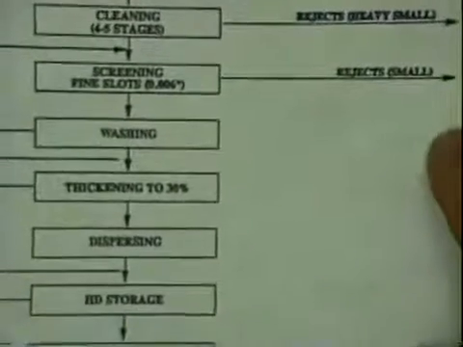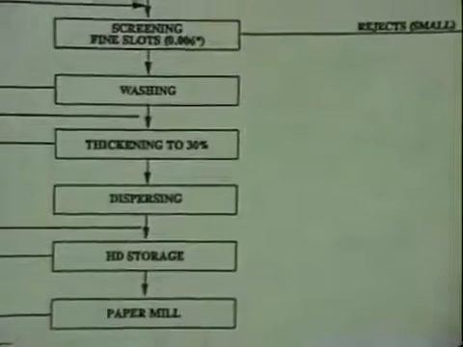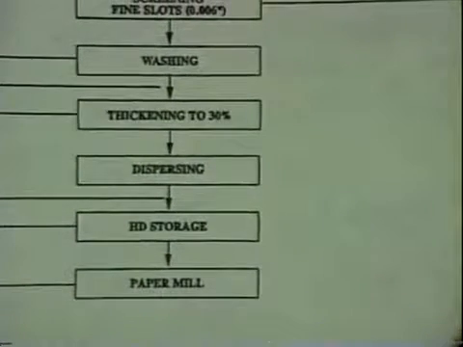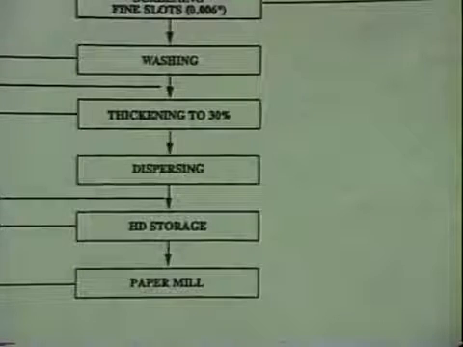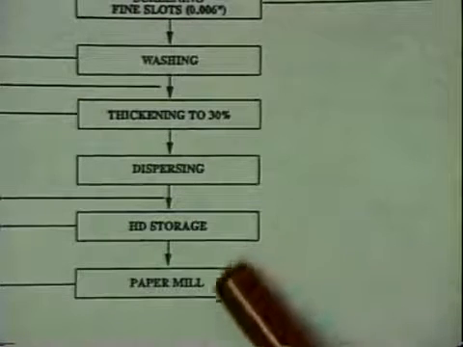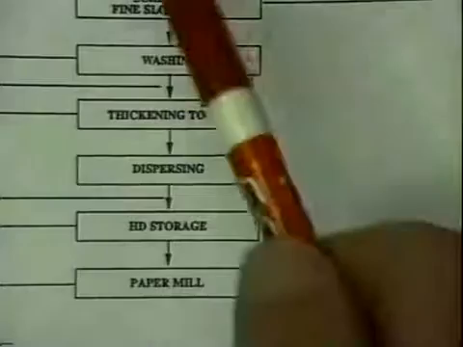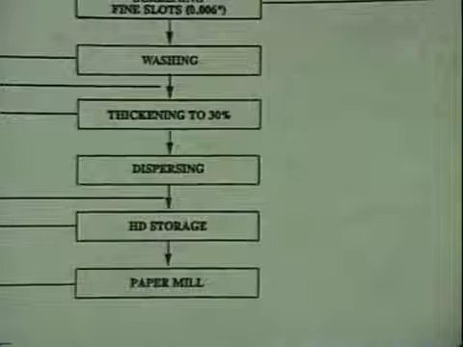So we might run it through a high consistency disperser and try to break down those visible particles that still remain. So we break them down to subvisible, and that can cause a brightness reduction. And then we go to high density storage and paper mill. So that's a very simple example of an old newsprint, old magazine recycling process to make new newsprint.